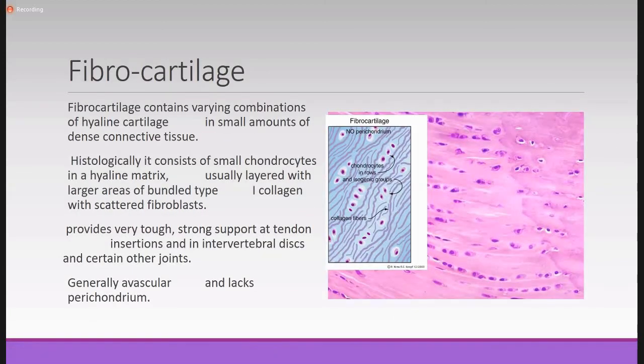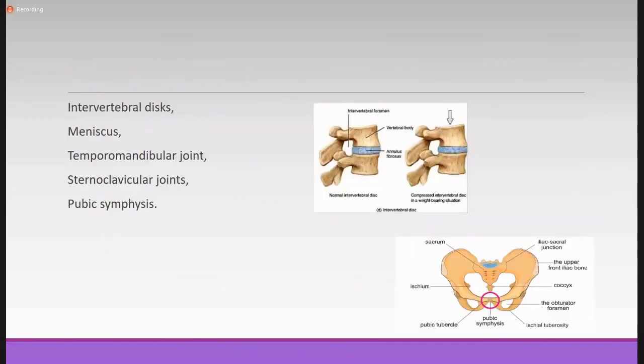It provides very tough, strong support at tendon insertions, in the intervertebral disc, and certain other joints. Again, generally it is avascular, and it also lacks the perichondrium. The locations of the fibrocartilage are the intervertebral disc, the menisci, the temporomandibular joint, sternoclavicular joint, and the pubic symphysis.